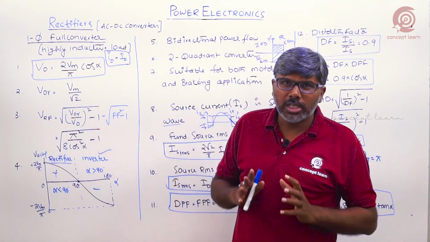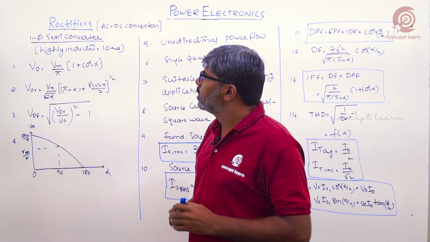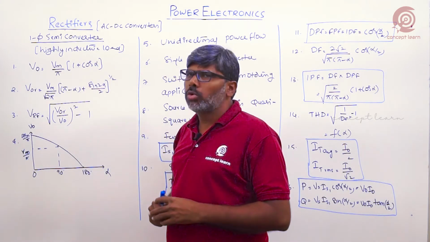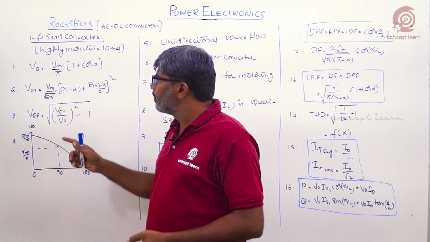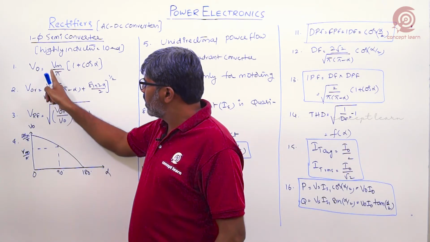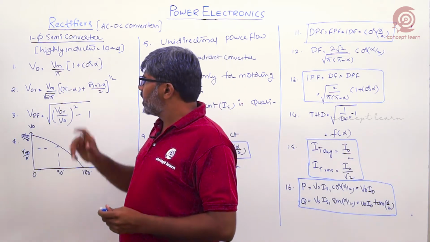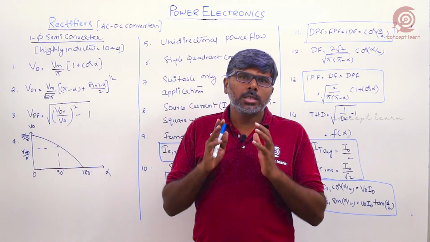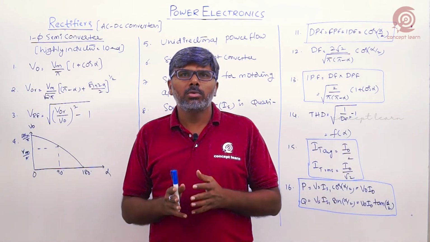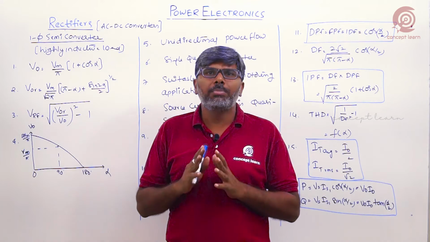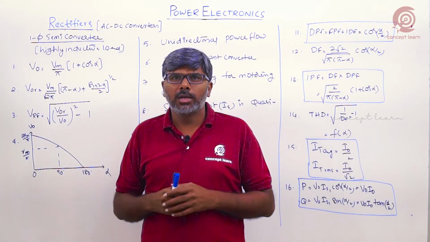Very, very important in the examination, right? Now coming to another converter called a semi converter. Again, assume that the load is highly inductive. Coming to the analysis of the load circuit, output voltage V0 is Vm by pi into 1 plus cos alpha. Here in this case, the output voltage exists only from alpha to pi, not from alpha to pi plus alpha as in the full converter, right?